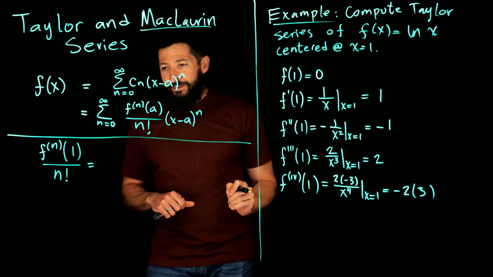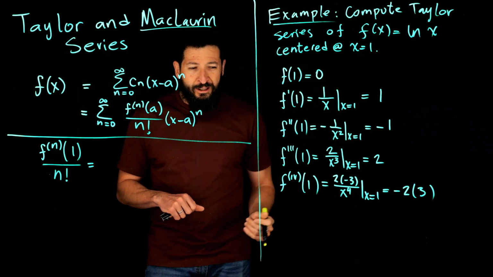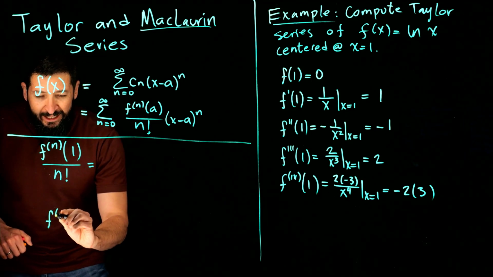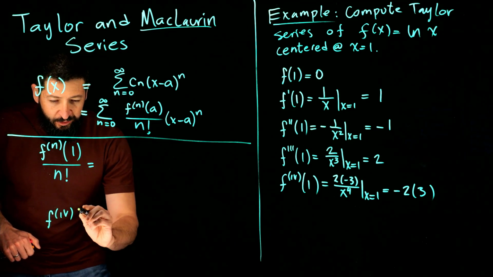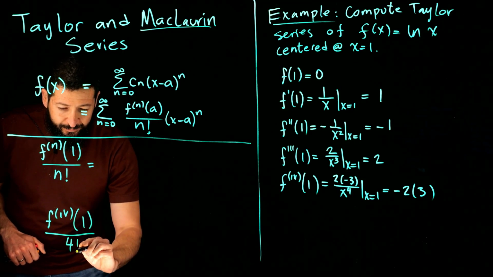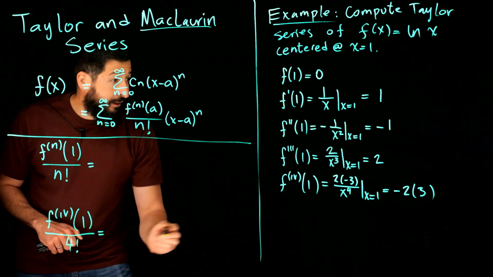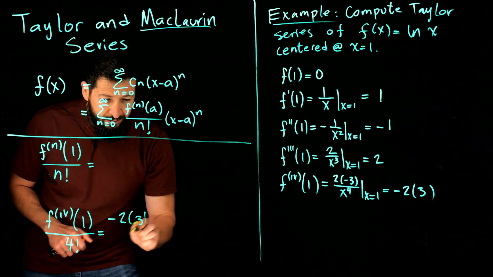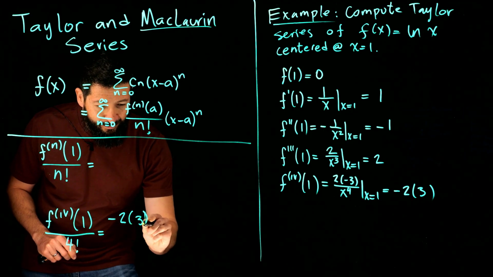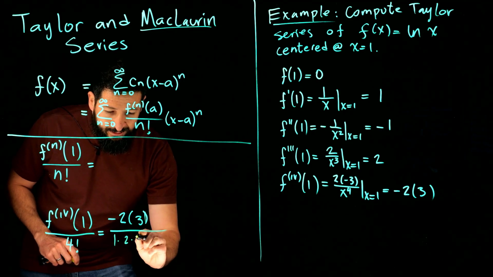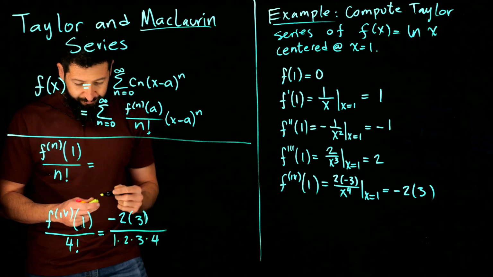Let me evaluate a few of them. Let's start with the last one. That may be the easiest one to look at, and that may give us everything I need. So the fourth derivative at 1 over 4 factorial is what? Well, I'm getting negative 2 times 3, divided by 1 times 2 times 3 times 4.